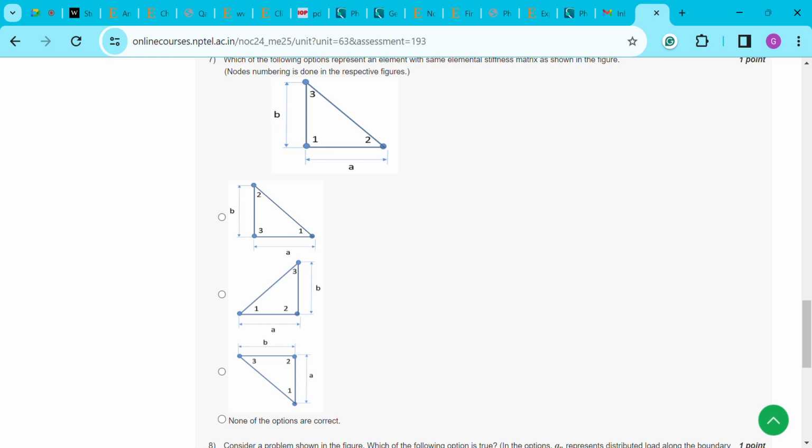Yes, and the right angle should also be maintained. Then the element shape should be exactly the same as given in the question, just rotated anyway, and the numbering should also be the same.